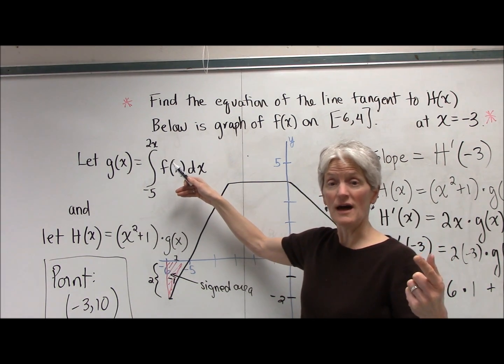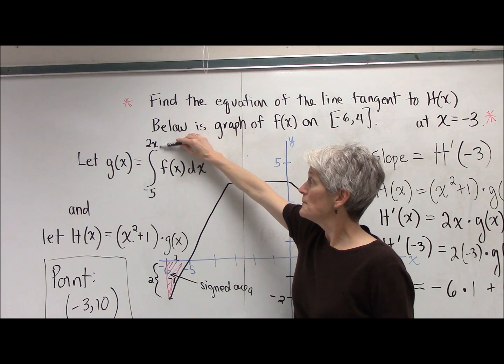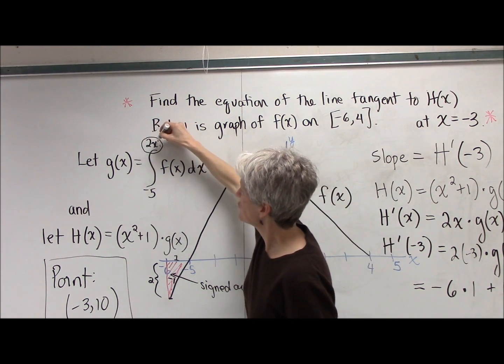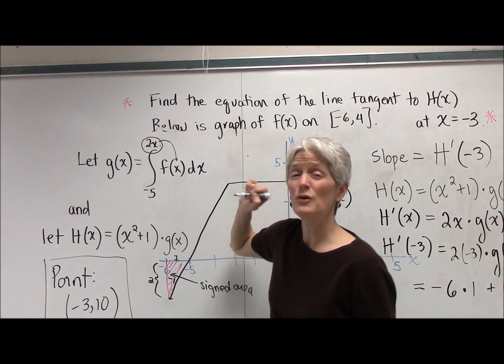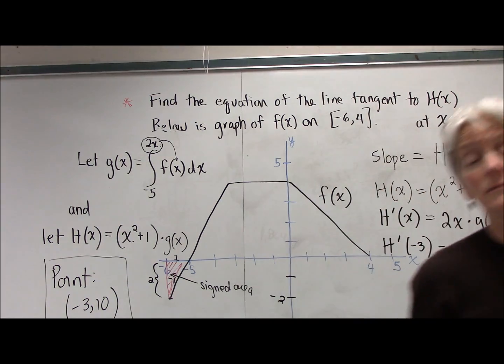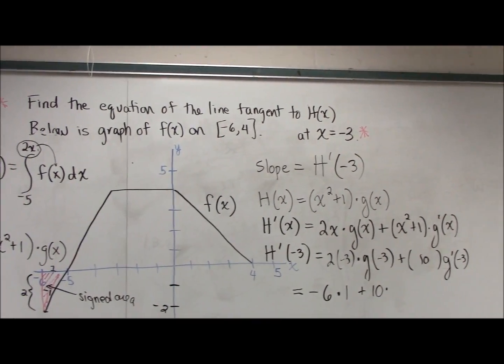We know how to do that. If this is a constant and this is some expression in terms of x, when I take the derivative, I replace the input with 2x, and then multiply it by the chain rule. Right? That's my fundamental theorem of calculus, part 2.